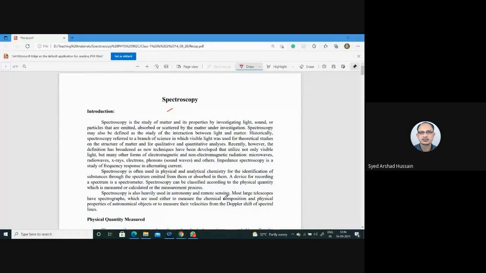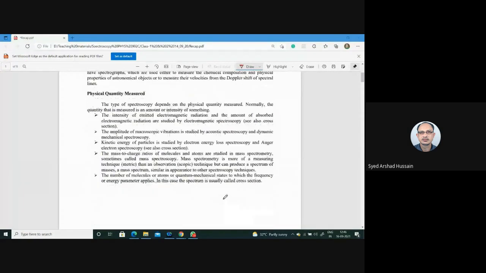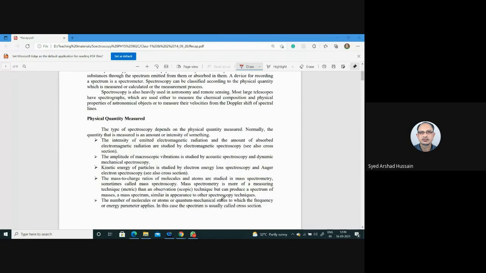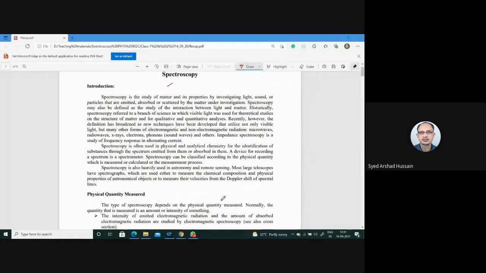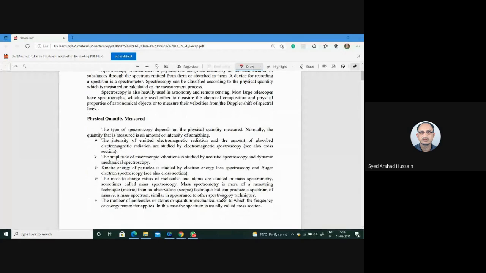So spectroscopy is very important. In science, it's a very old science and has enormous applications in almost all areas of sciences. While you are designing your spectroscopy, for example, say X-ray, this is also one kind of spectroscopy.